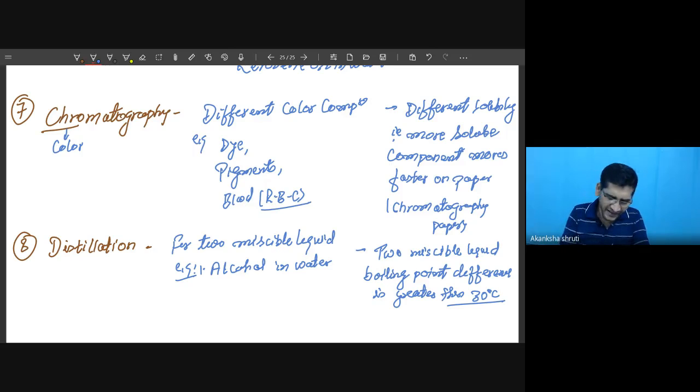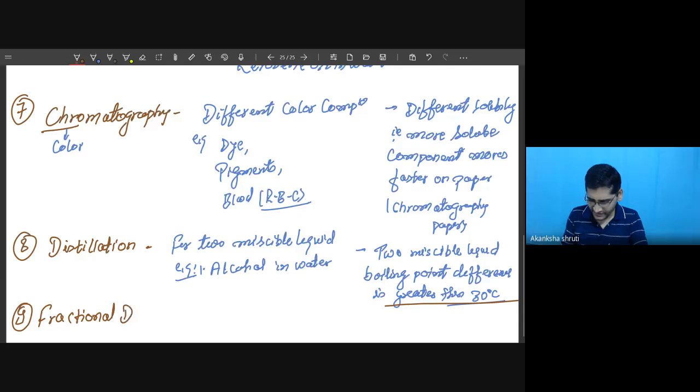There is another technique called fractional distillation. That is also a distillation, but when the boiling point difference is not greater than 30 degrees C, for those liquids we can use it. So write that fractional distillation. These are the key things that you have to keep in mind.